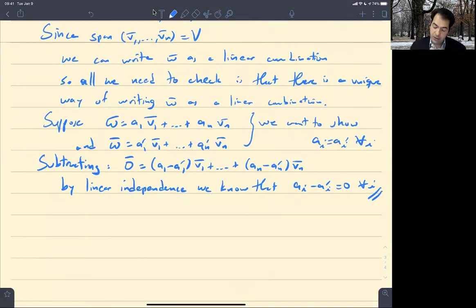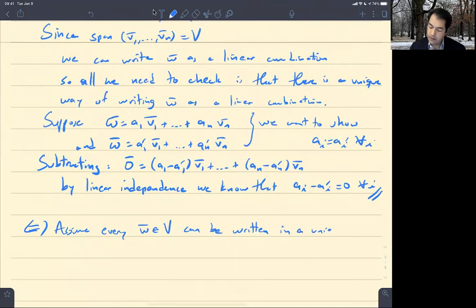Let's prove the other direction. So for the other direction, now we're going to assume that every vector in V can be written in a unique way as a linear combination of the set.